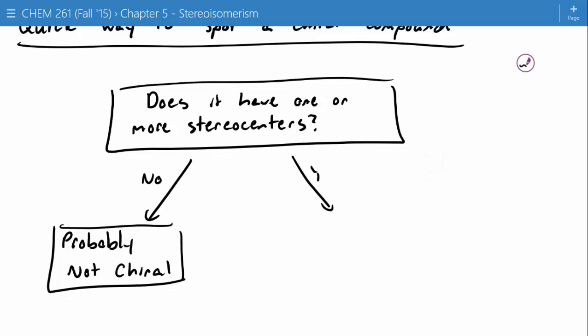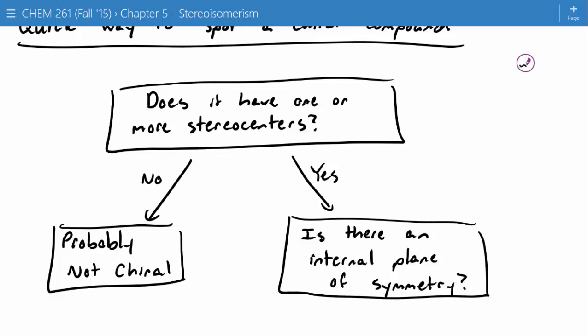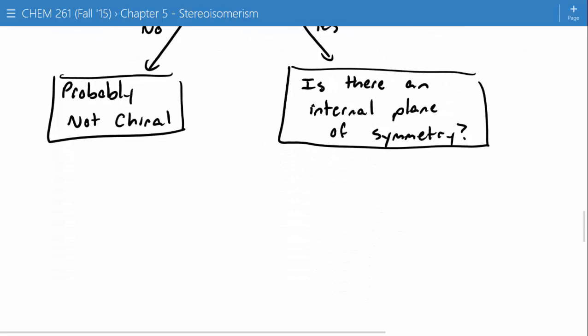If we say yes, there is one or more stereocenter, then we need to ask ourselves another question. Is there an internal plane of symmetry? Why are we asking about internal planes of symmetry? Yeah, exactly.